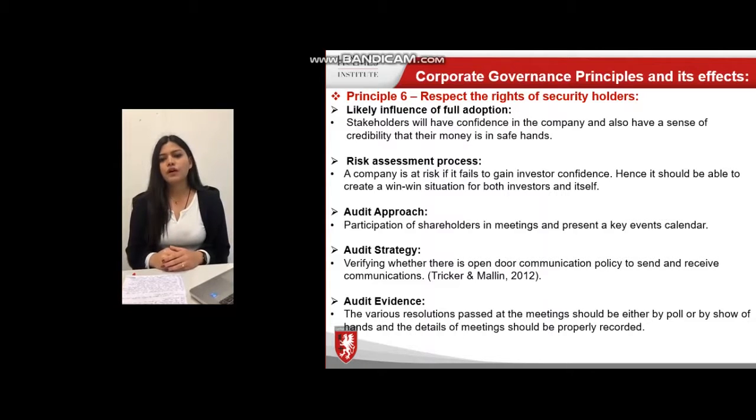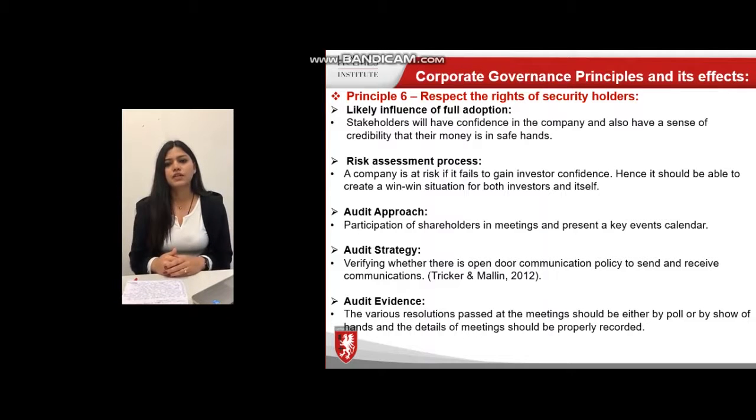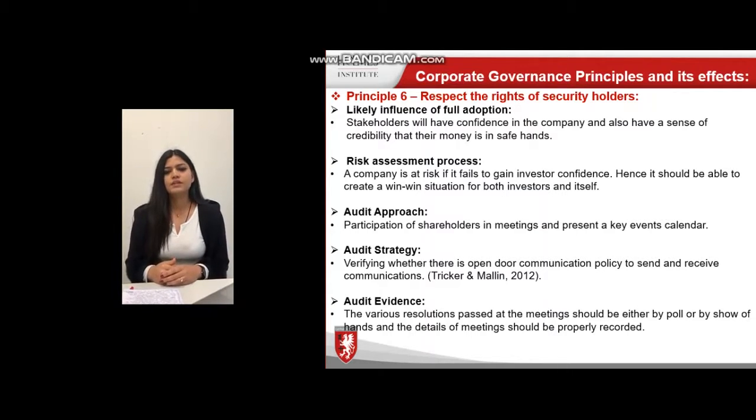The audit approach is that the company has to ensure the participation of stakeholders in meetings. The audit strategy involved is open door communication policies between stakeholders and the company itself. Audit evidence for this principle is that various resolutions should be properly recorded.